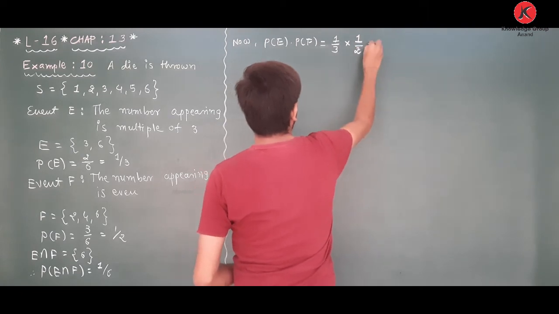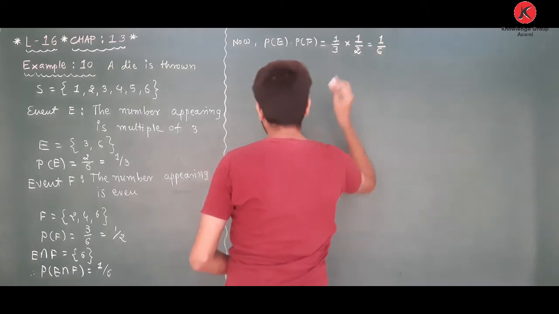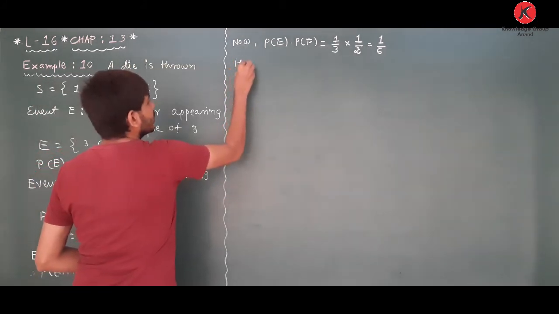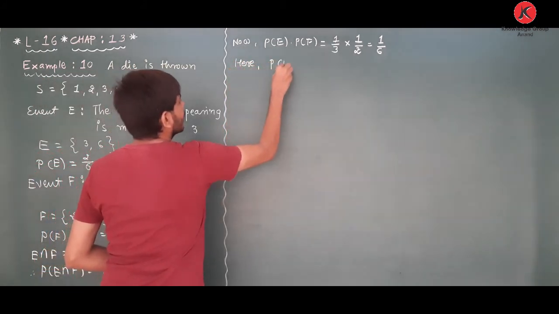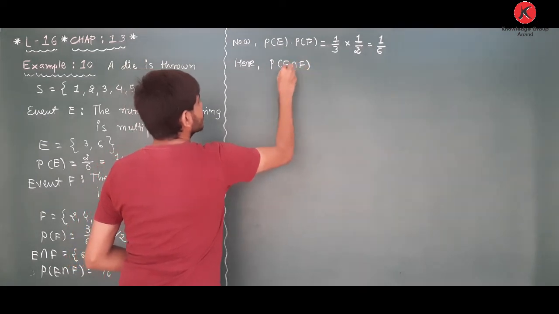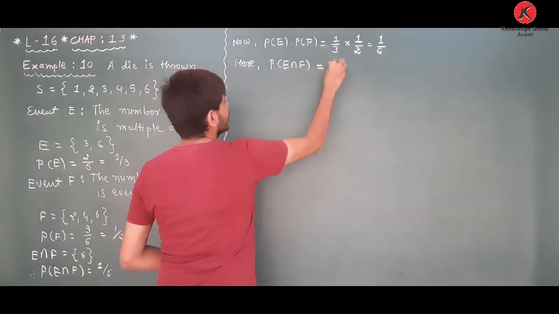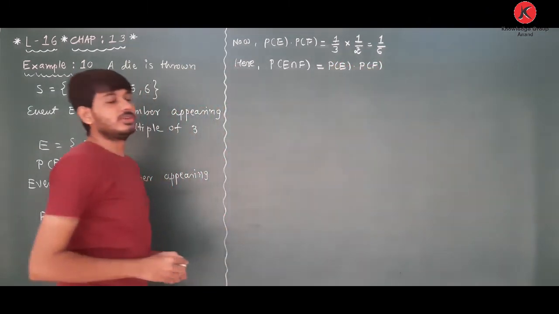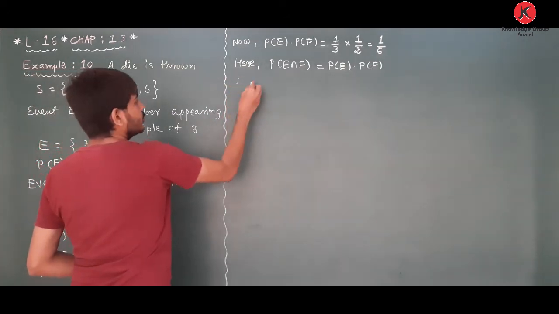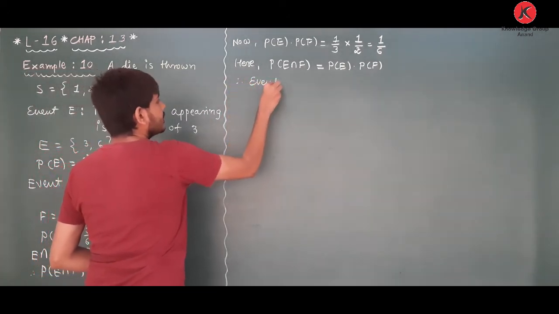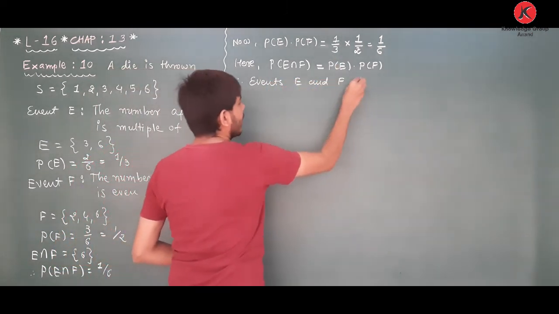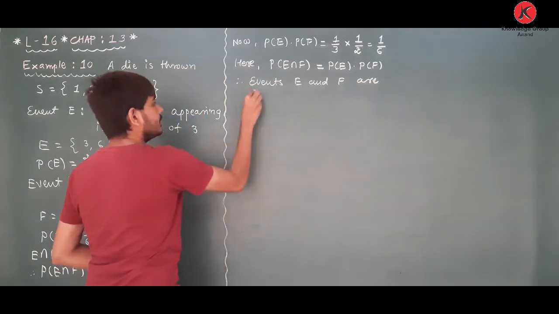Therefore we are getting the answer 1 by 6, and see here the answer is similar to the probability of E intersection F. Therefore we can say that probability of E intersection F equals probability of E into probability of F. Therefore we can say that events E and F are independent events.